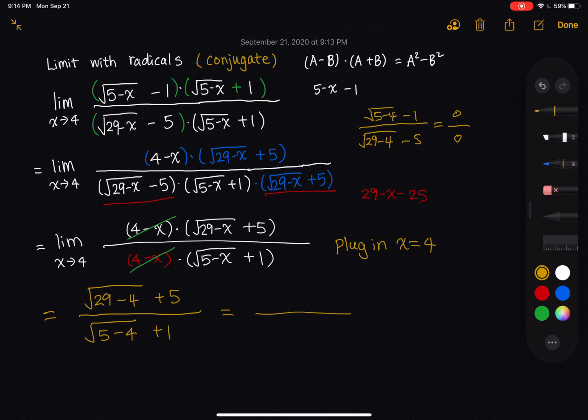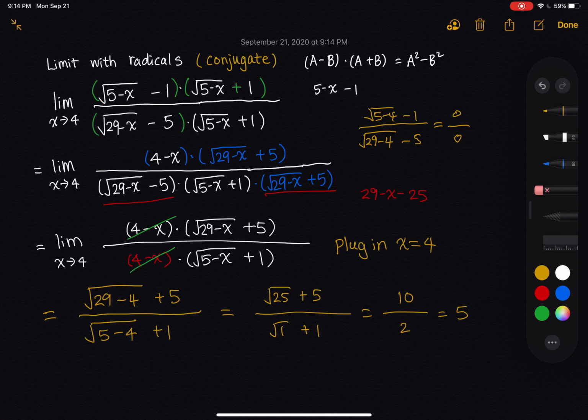On the top, square root of 25 plus 5 is 5 plus 5, so it's 10. The bottom, 1 plus 1, is 2. So you get the final answer: the limit equals 5. This is how you approach a problem with two different radical expressions.